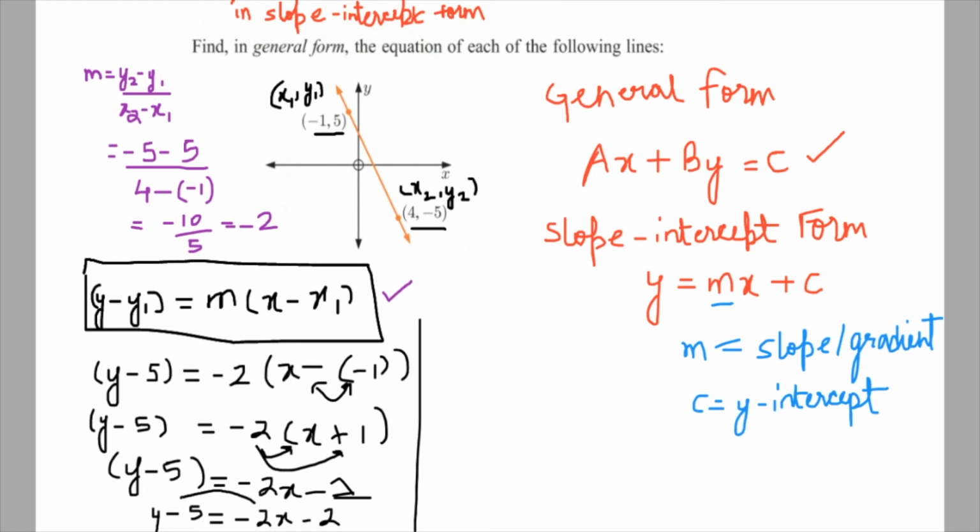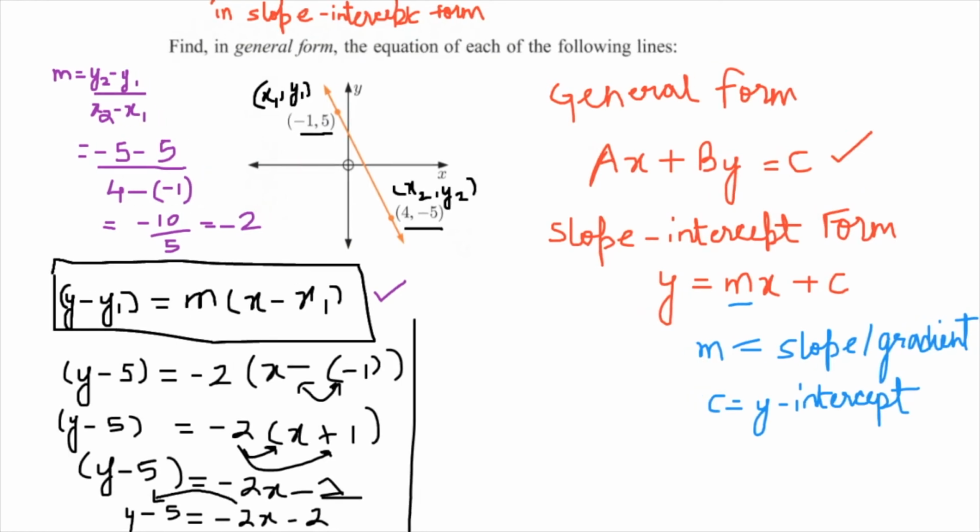So this requires me to shift minus 2x to the other side, which will make it plus 2x, and I'll shift minus 5 to the right hand side. So I'll get y plus 2x is equal to minus 2 plus 5. So I shifted minus 2x and minus 5 to the other side, and their operation becomes opposite or just reverses. Rearranging it, I'll get 2x plus y is equal to 3.